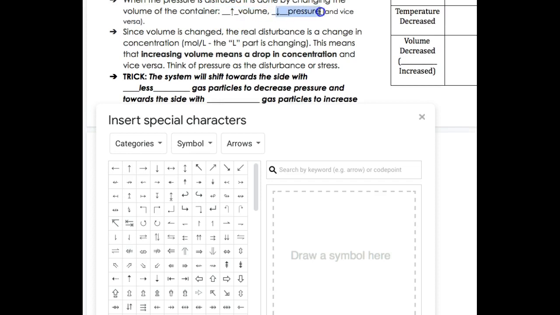And the pressure went down. And because the pressure goes down, the concentration goes down. So to counteract that change, you want more pressure. Then you're going to want to move the direction of equilibrium to the side where there are more gas particles to increase the pressure.